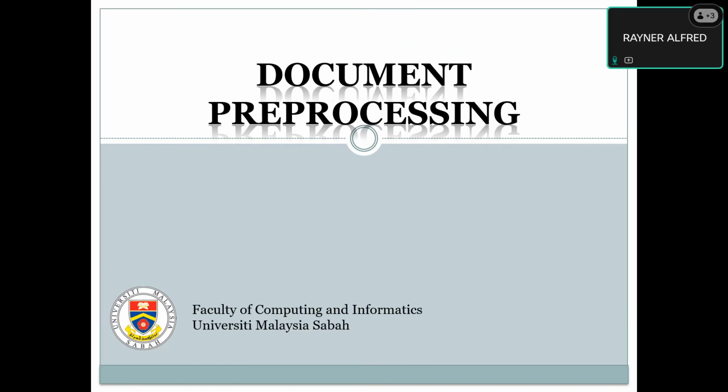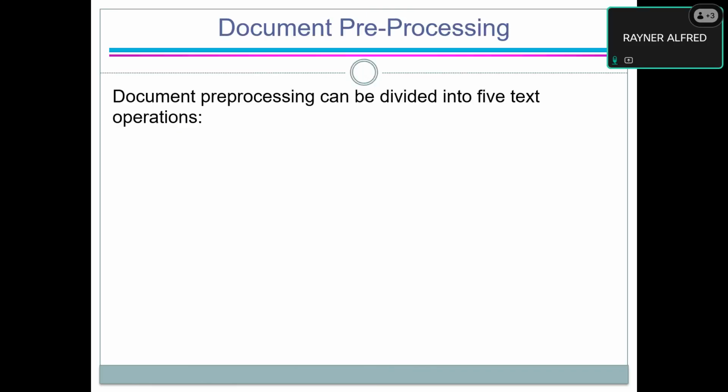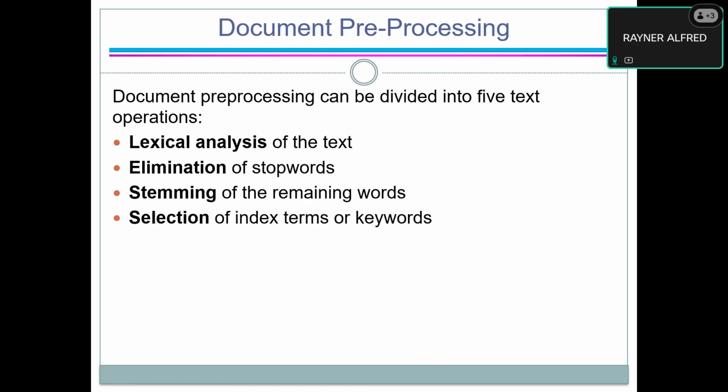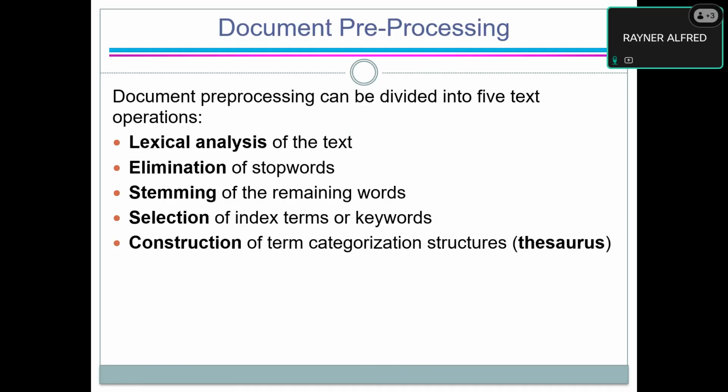So we need to know what is the processing that we need to do in order to capture all the terms that we will be putting inside the term document matrix. Okay. So we have a few processes here, like lexical analysis, elimination of stop word, stemming, selection of index term, and construction of the term categorization structure.